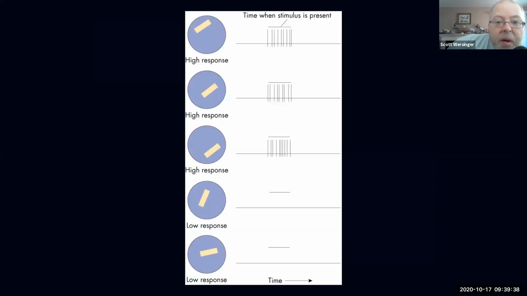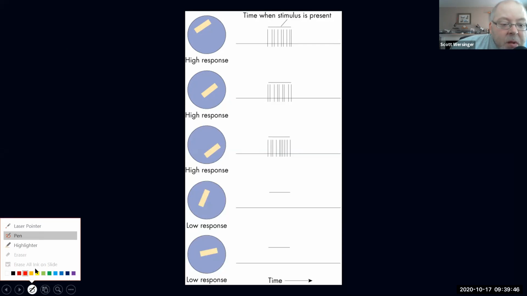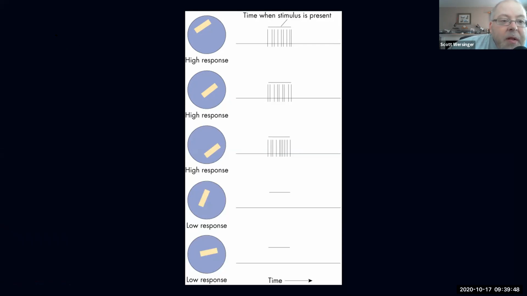Now, in a complex cell, we're going to respond to a bar of light in a particular orientation and movement.